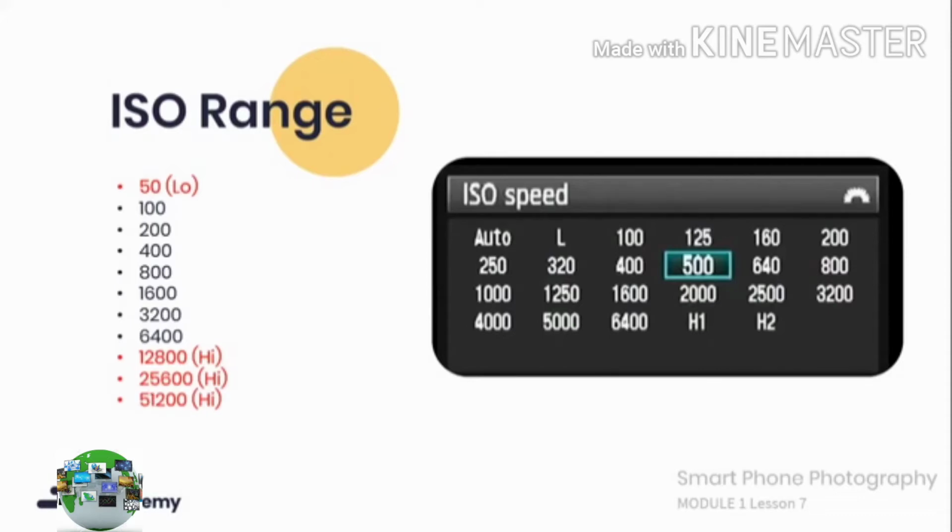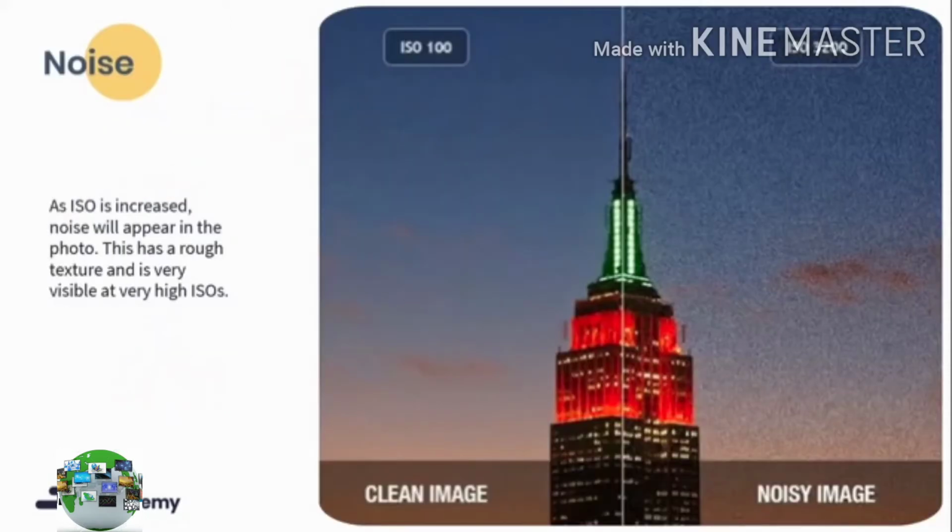But when we are using very, very high ISOs, this is when we're going to introduce noise into the image. And I'm sure that you've seen this already. Noise appears like a rough texture over our photographs and is very, very visible at high ISOs. Now, noise isn't something to be too worried about as camera technology and sensor technology really improves.